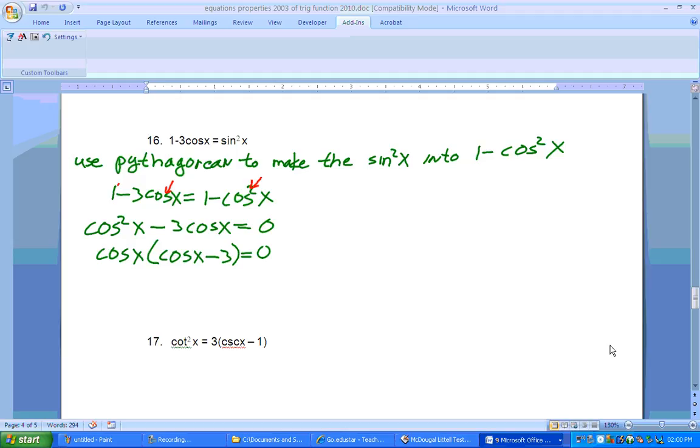So I unmultiplied is what I did. The reason I did that is that either one of those equaled 0, I could solve it. So now I have the solution that the cosine of x is 0, or the cosine of x minus 3 is 0.